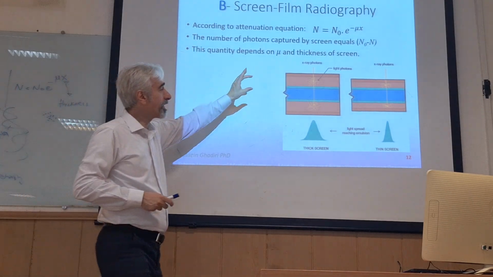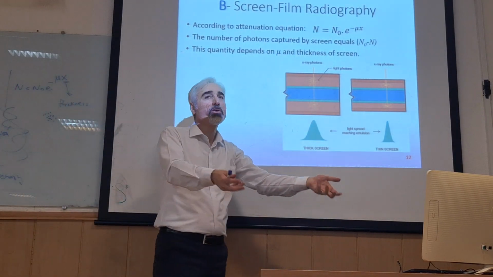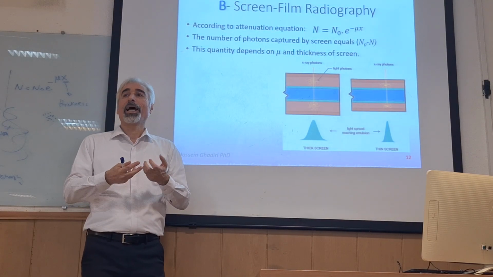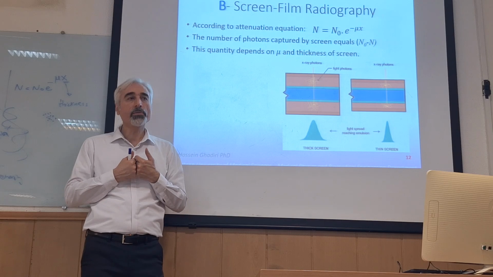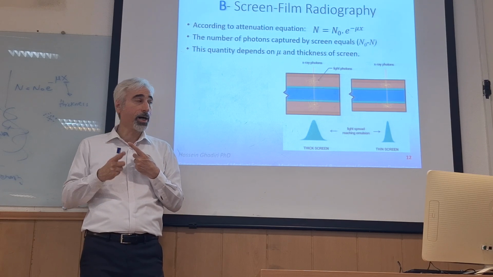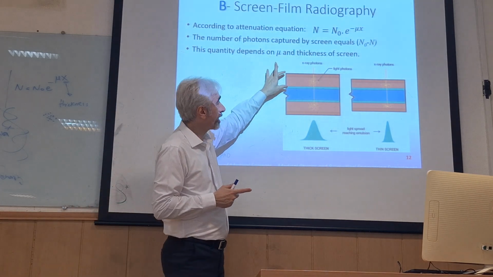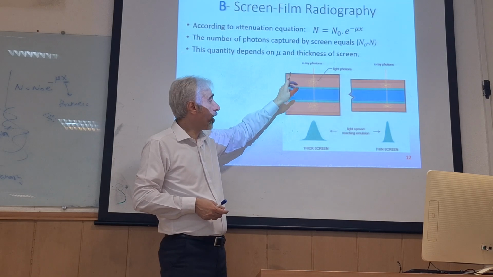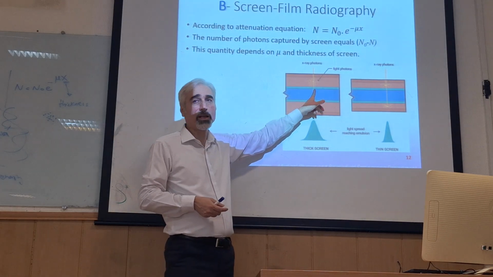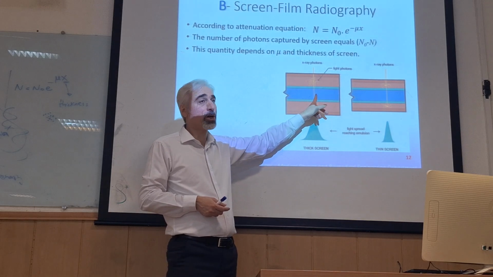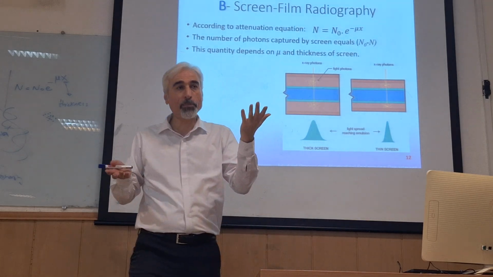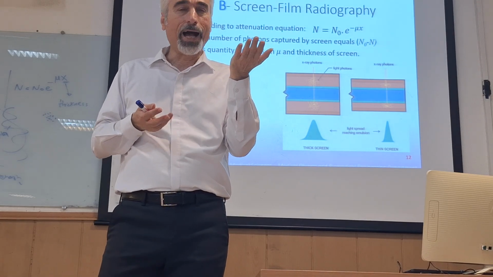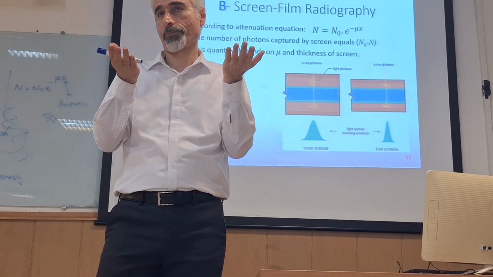If we increase the screen thickness, more photons will be absorbed, more information will be collected, and the image quality will be better. But although we have more absorption, due to the spreading of the light we lose resolution. So there is a balance between how much information I'm gathering and what resolution I need.